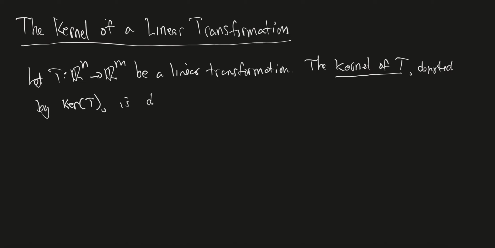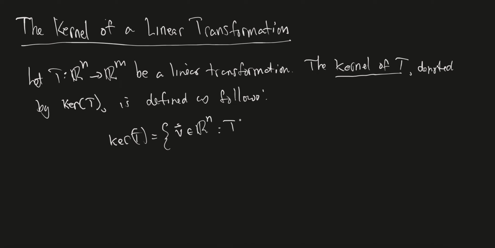So it is defined as follows. Our kernel is a set, and it is the set of all vectors in the domain, so all the vectors in Rn, such that when I take the image of those vectors, what do I end up with? I end up with the 0 vector, right?